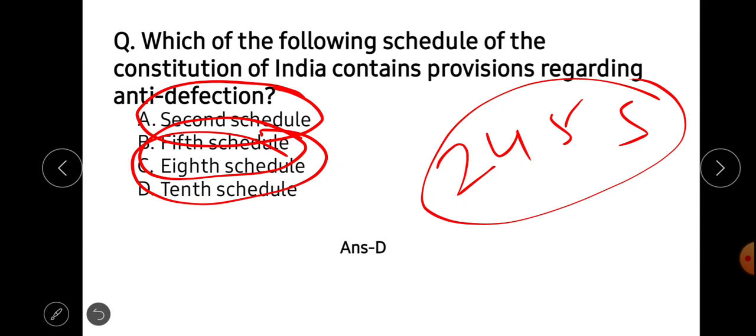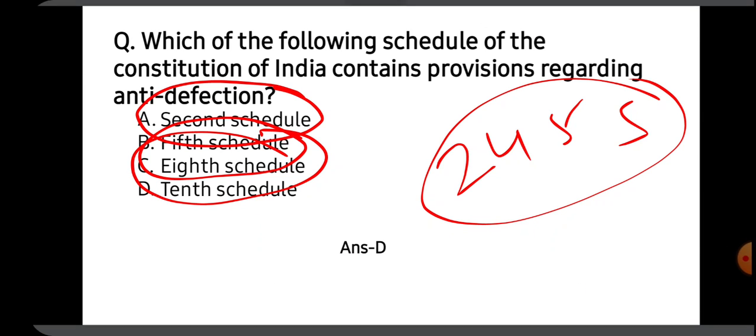The third option is the eighth schedule. The eighth schedule contains all the languages which are recognized by the Constitution of India. For example, Uriya, Bengali, Manipuri, Nepali, Sindhi. So they all are contained in the eighth schedule of the Constitution of India.